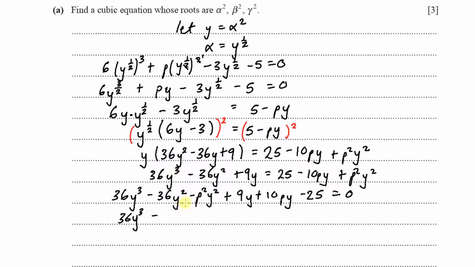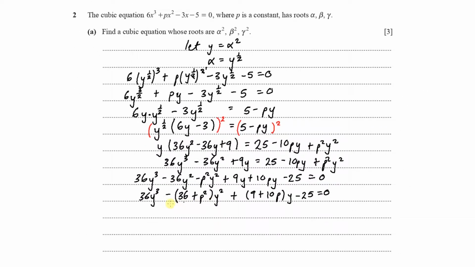So I can factor out y squared to get inside the bracket 36 plus p squared, and here I can factor out y, so I have 9 plus 10p of y, that's minus 25, it's all equal to 0. So what I now have here is a form of a cubic equation which has roots alpha squared, beta squared, and gamma squared. So this is the answer for part A.